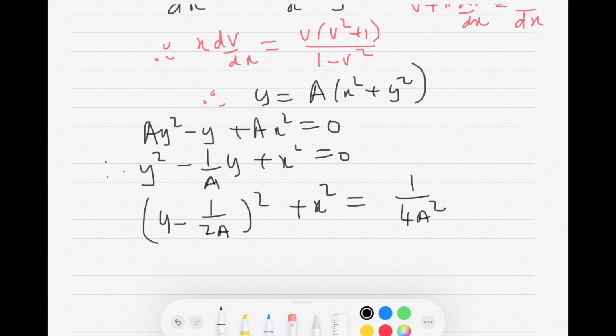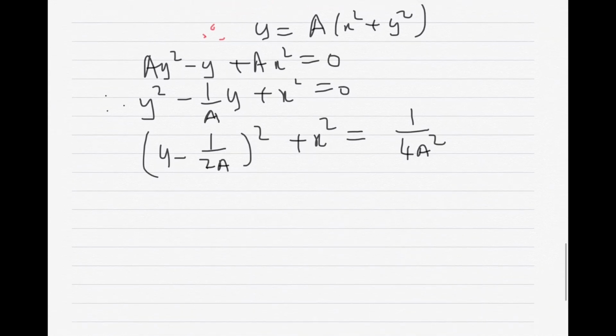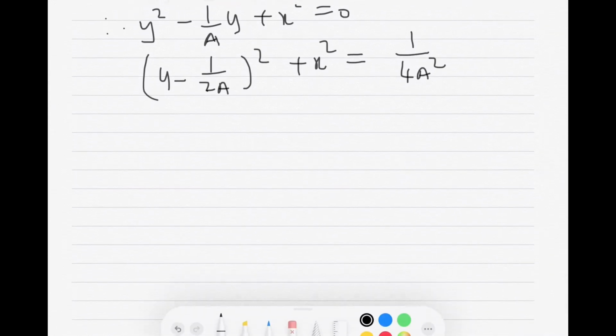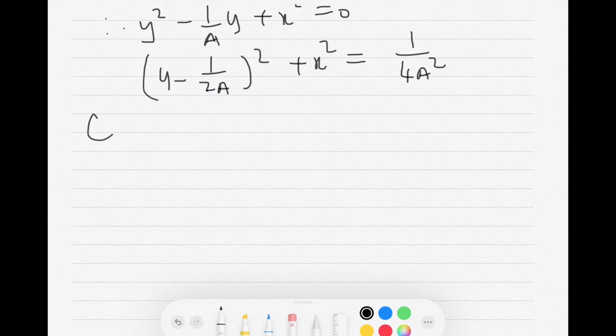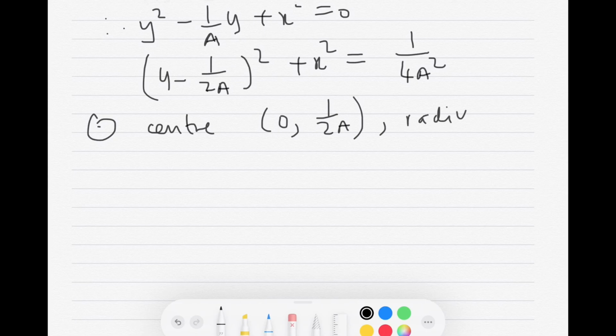This is a circle whose center is (0, 1 over 2a), and radius 1 over 2a. So this is a circle with center x coordinate 0, y coordinate 1 over 2a, and radius 1 over 2a.